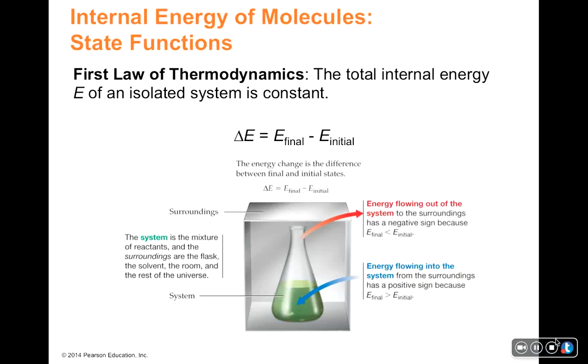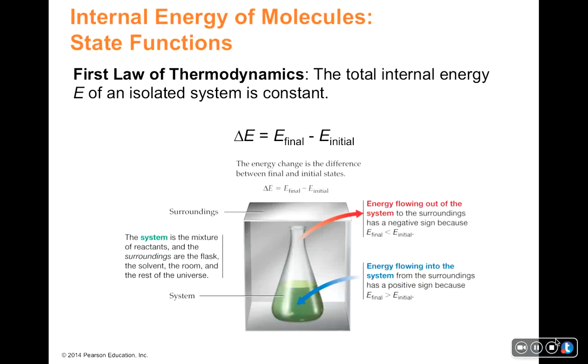A couple things on the notations you see here. Wherever you see that triangle, it means change in. So here it means change in energy, but you're going to see it used in change in enthalpy, free energy change, change in temperature. So that triangle again means change in, and usually that means the final state minus the initial state.